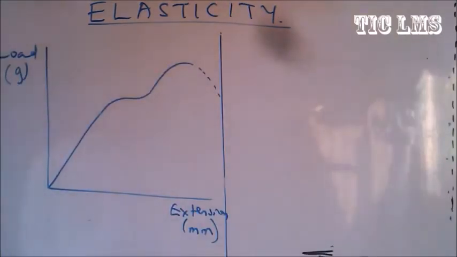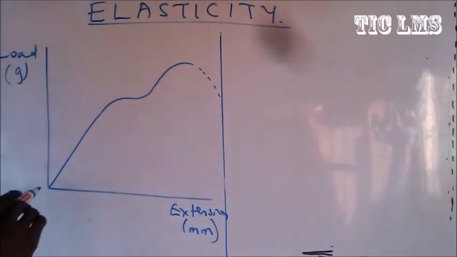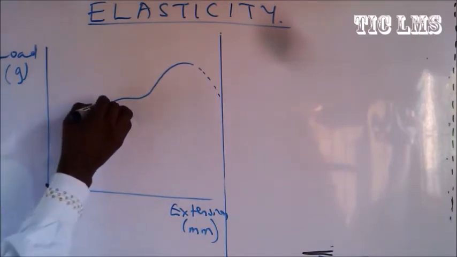Now we have an experimental verification of Hooke's law. With it, we have a graph showing load against extension. Now we are saying that we have a spring which a load is attached to and produces an extension. Now from this graph, we have a straight line from the origin here up to this point.